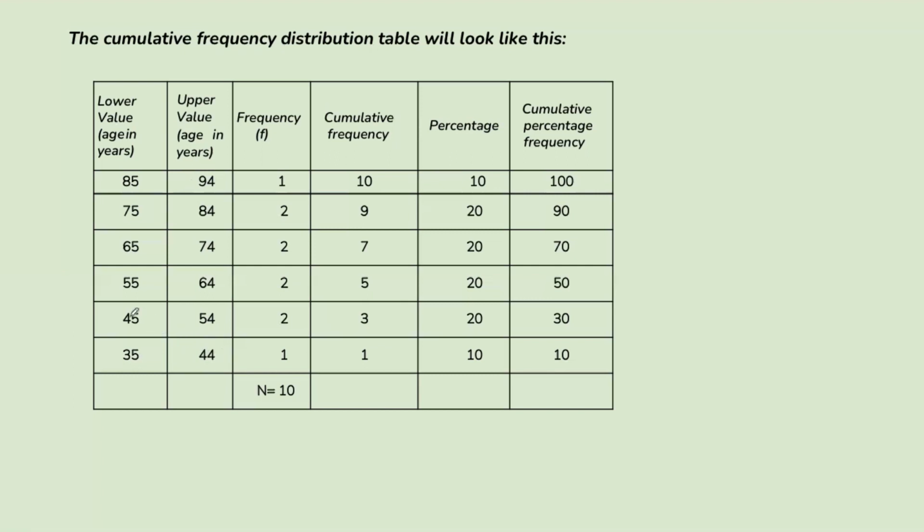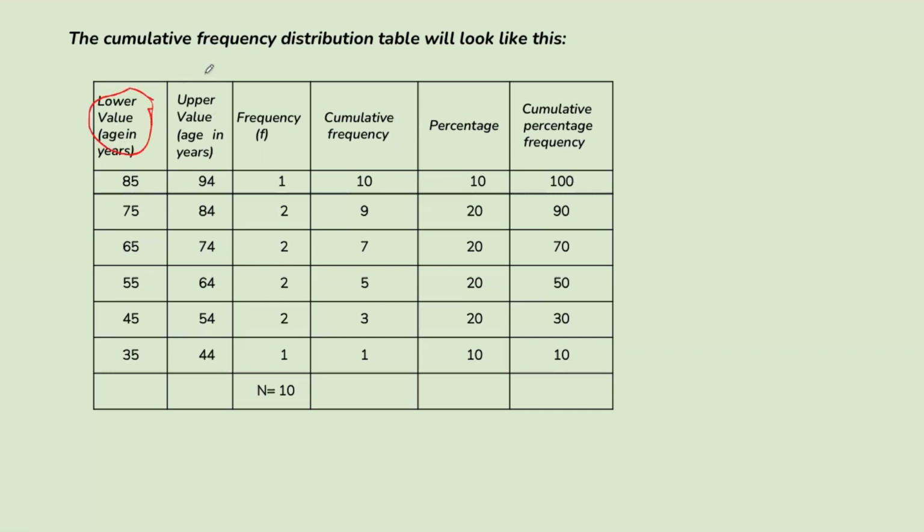In the interval 45 to 54, 45 is the lower value, 54 is the upper value. In 55 to 64, 55 is the lower value, 64 is the upper value. In 65 to 74, 65 is the lower value, 74 is the upper value. Similarly for the others. So in the first column, you have to write the lower value.